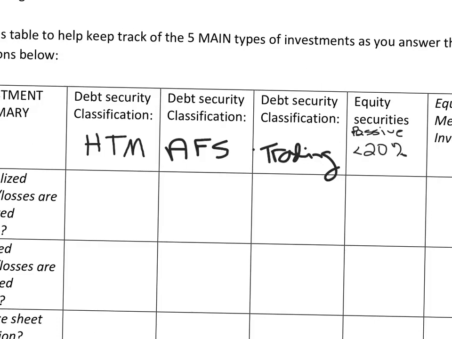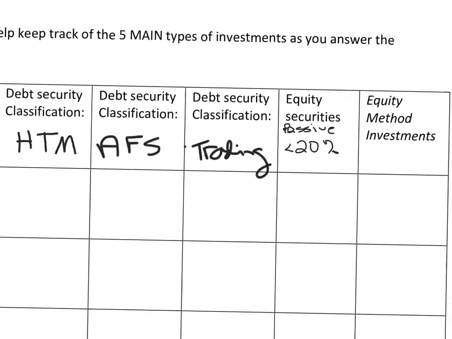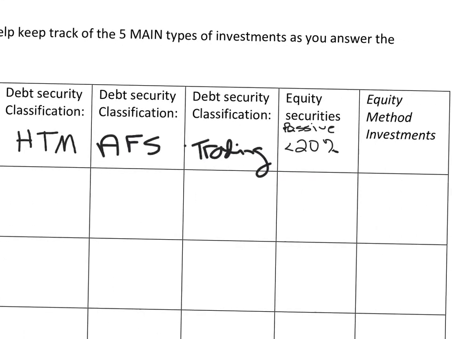And that's where you own less than 20%. And we talked about this whole new accounting method, the equity method. That's what I call an active investment, or your book calls significant influence. And by significant influence, that means this is an investment where you own between 20 and 50% of the outstanding stock. All right, so those are our basic categories.